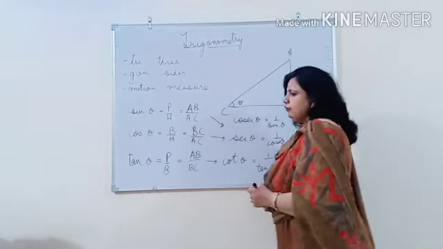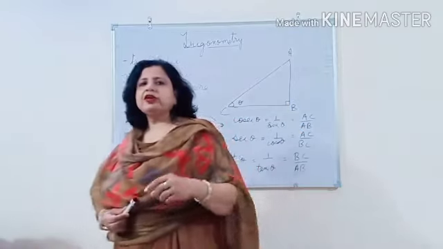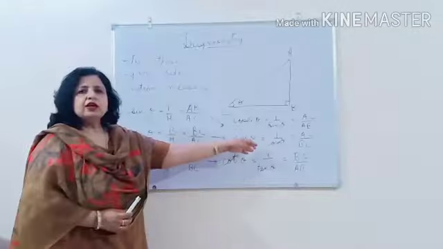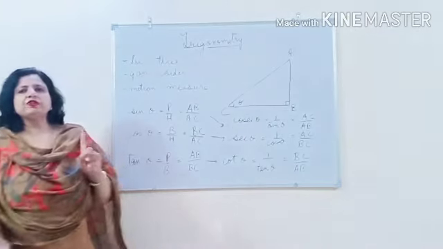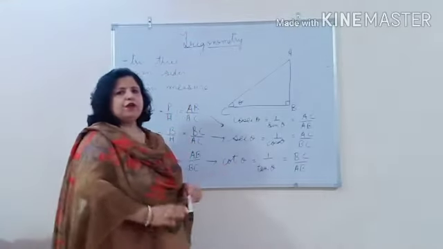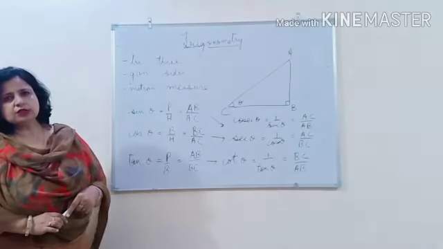So here, if we are given any one trigonometric ratio out of these 6, we can find the remaining 5 trigonometric ratios. How?